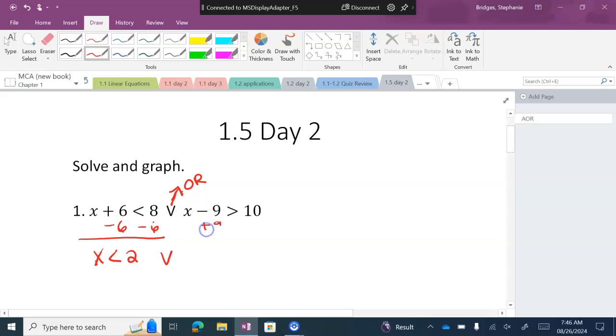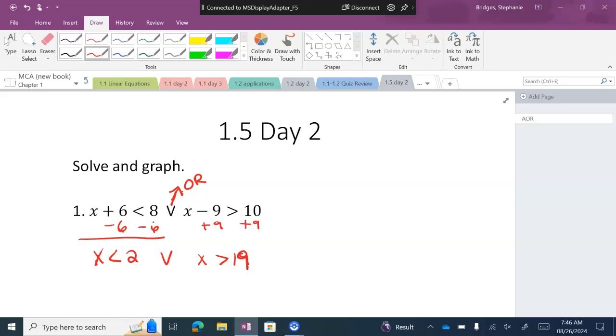We're going to do that by adding our 9 over. And then we get x is greater than 19. So my solution set is x is less than 2 or x is greater than 19.